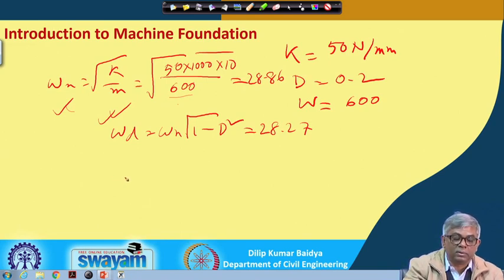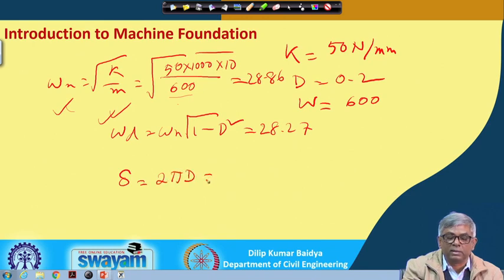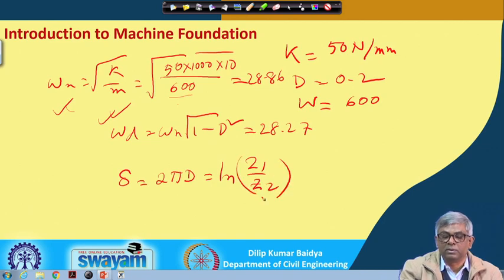So, delta equals 2 pi D, and that is nothing but ln z 1 by z 2, is it not.